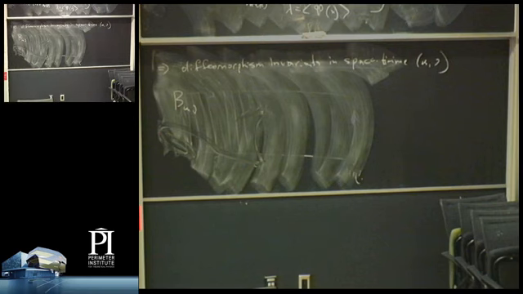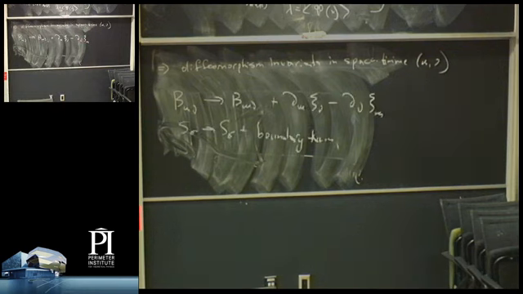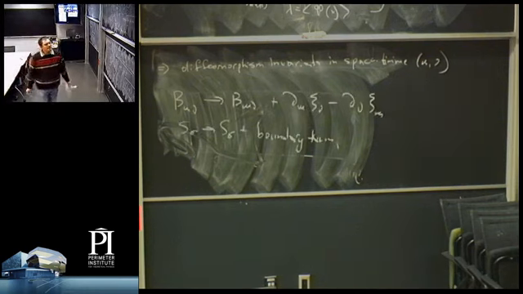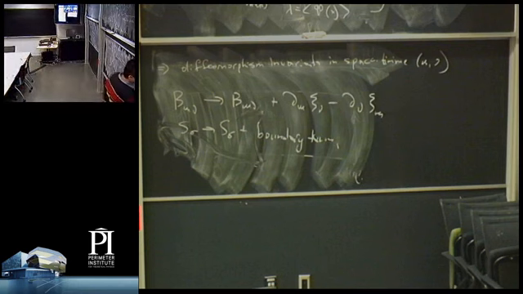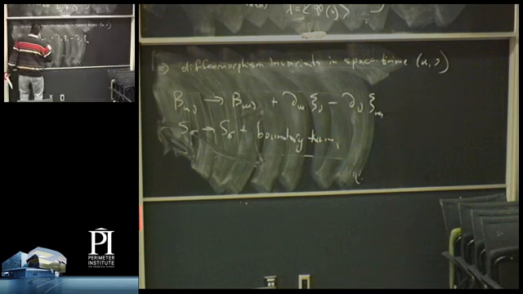So when B_μν goes to B_μν plus ∂_μ ζ_ν minus ∂_ν ζ_μ, you can substitute this, and you can see that the sigma model transforms plus boundary terms.